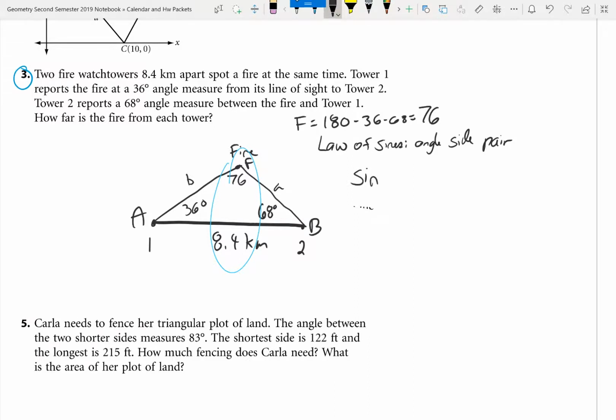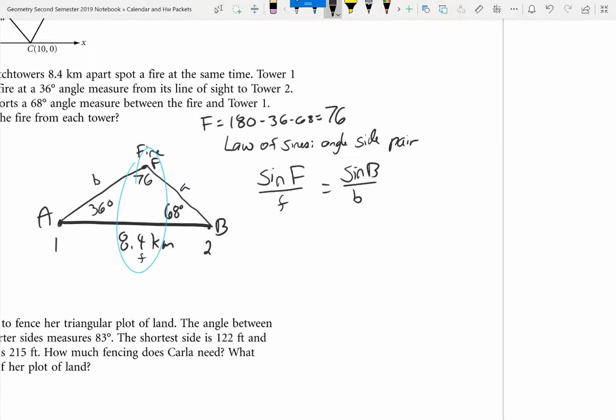So that's sine F over side F, right? Side F's right there. Equals, let's start with the distance from tower 1 to the fire. So that's going to be B. So sine B over B. And then we're going to do this all over again, this time with sine A over A. That's tower 2 to the fire.